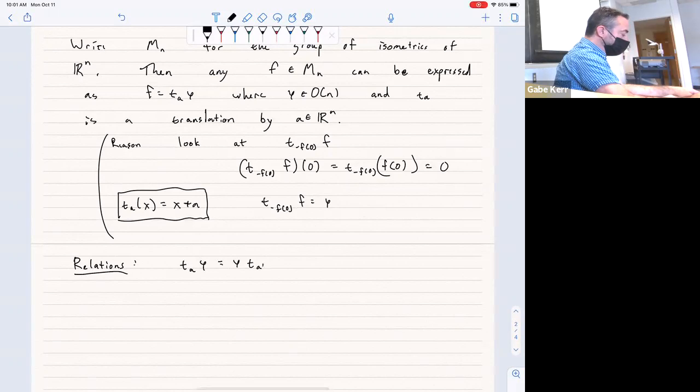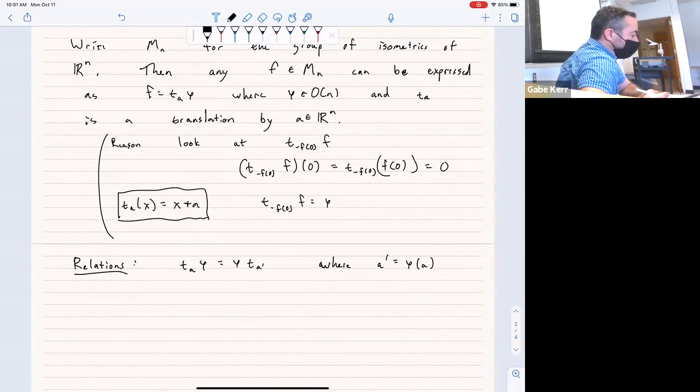This is equal to phi of translating on the right, where A prime is equal to phi of A. And we can see that just by going ahead and, I'm sorry, I want to say the other way around. A prime is phi times A.